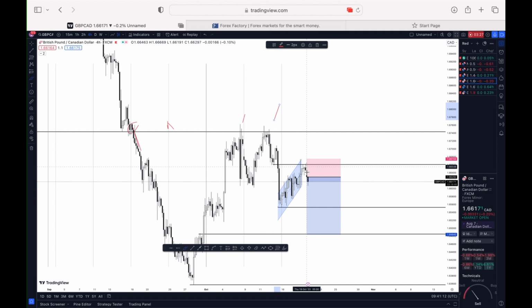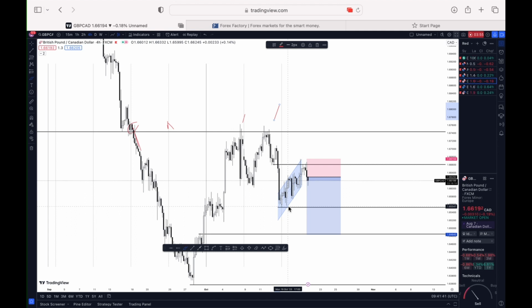So what am I really looking for on GBPCAD? I'm looking to see an impulsive move to the downside, confirming a bearish structure of lower high, lower low. We're expecting to have a lower low just below this lower low at this particular point.